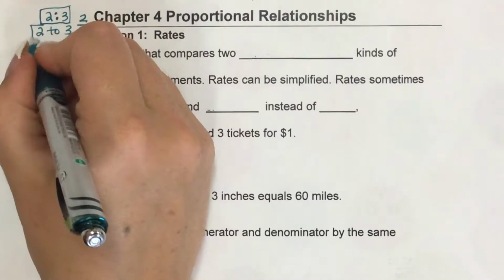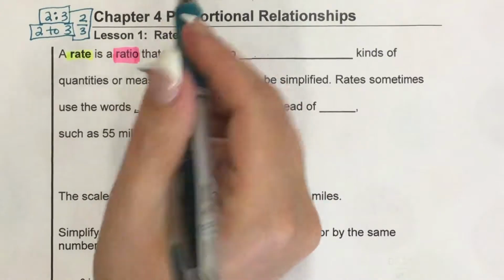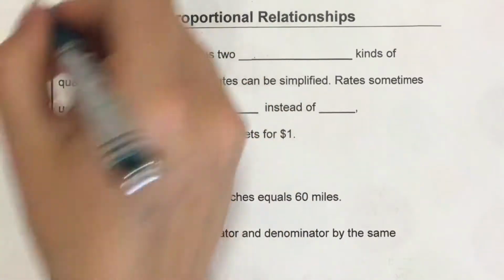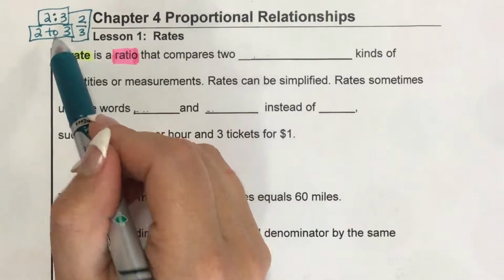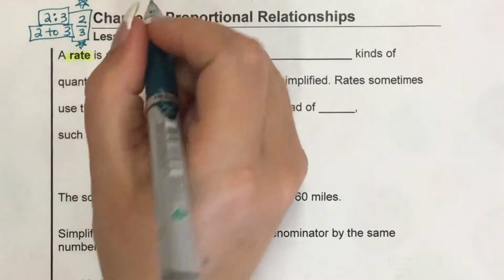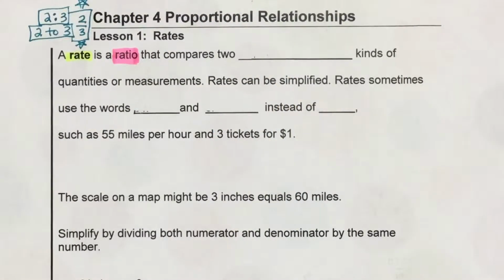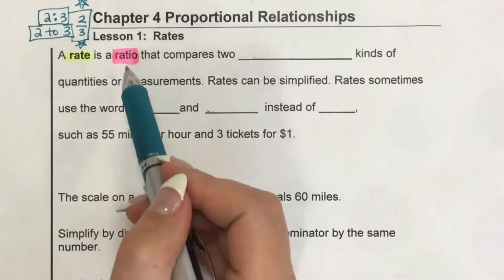So today we're really going to be looking at the ratio. We're going to be talking about ratios in words, but we're going to be putting them into fractional form here. That's the way that we're going to be dealing with the ratios.